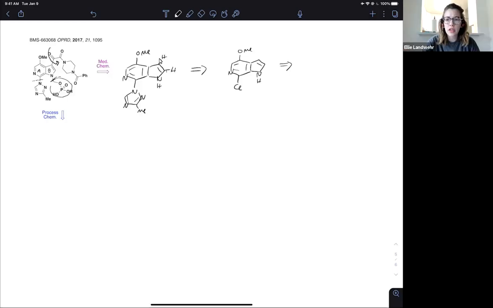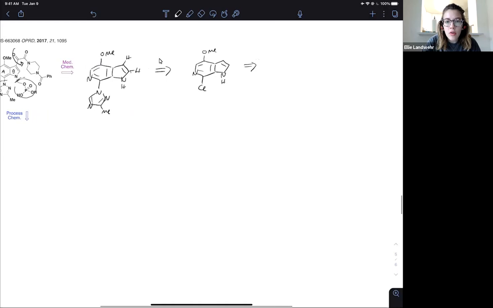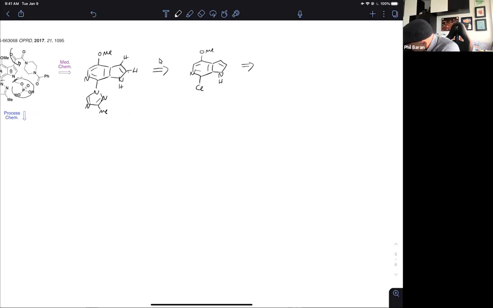Yeah, I think you could do like Leimgruber-Batcho or maybe Madelung even. Great. Okay, so we can imagine this kind of thing comes back from a variety of different precursors. We can imagine something like this, X equal to bromo or methoxy. All of these kinds of variations were used.